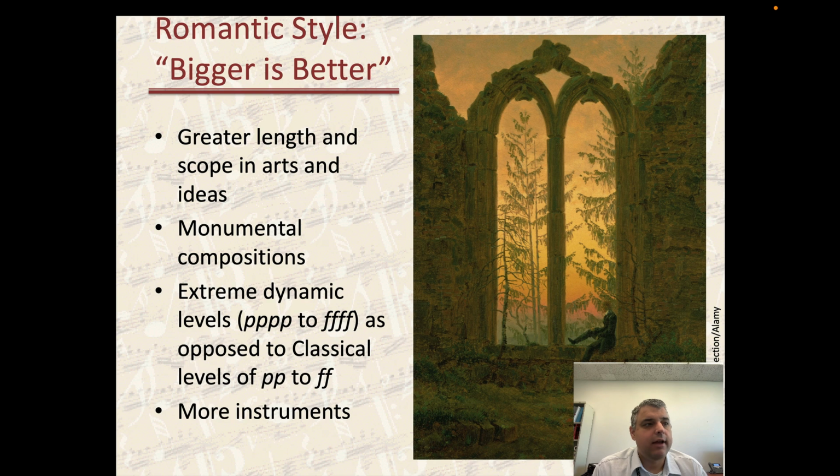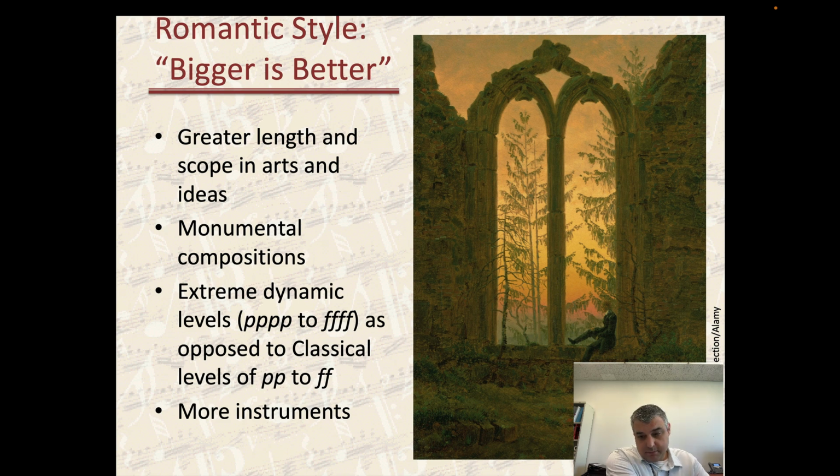With the Romantic style, we see bigger is better. It's going to be a kind of use of the extremes in the Romantic period. So we see greater lengths and scopes of the art and ideas. We're going to see monumental compositions, and the best example is the symphony.